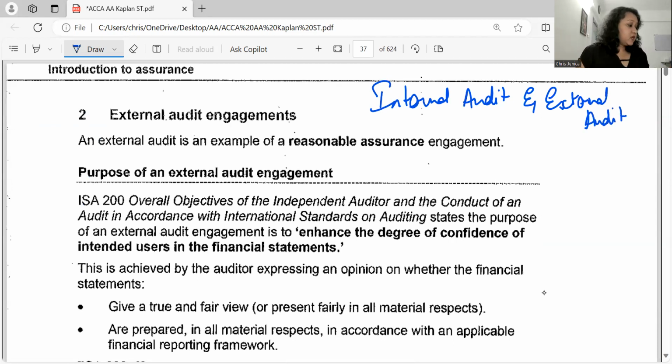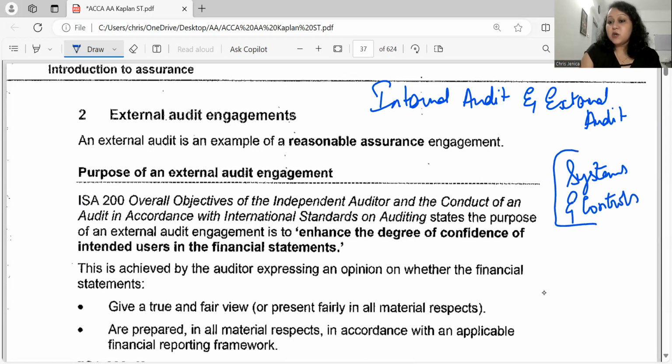So basically, internal audit is where you're going to assess and report on the internal controls in the systems. For example, the purchase system. If there are some systems and controls within the organization, we are going to assess and report on the practices and processes of these systems and controls.